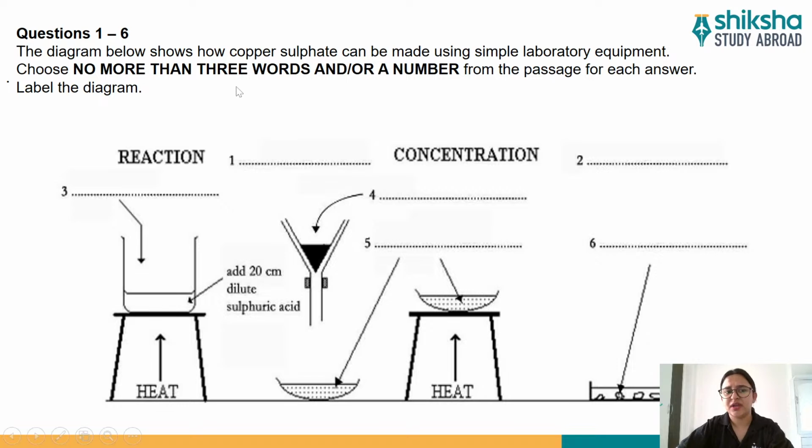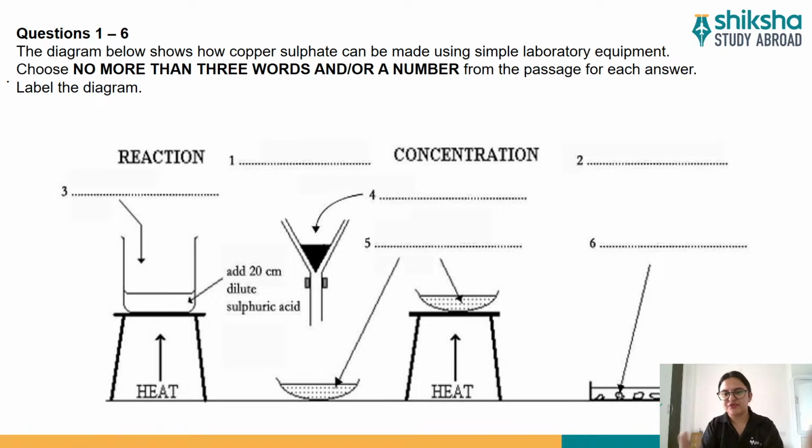Choose no more than three words and/or a number from the passage for each answer. This is highlighted in bold, and it will be bolded in the exam as well, just for you to know that instructions cannot be ignored. Label the diagram. Now 1, 2, 3, 4, 5, 6. It's given till 6. Six blanks are there.